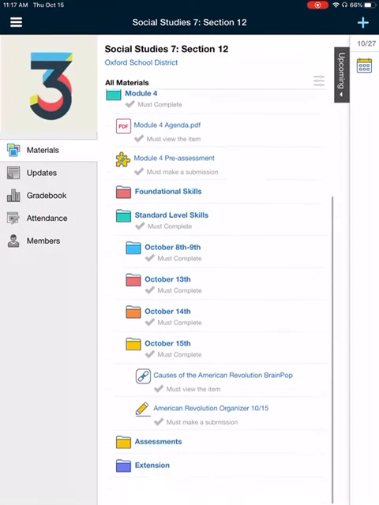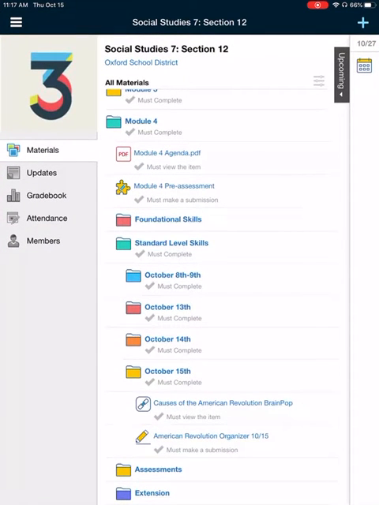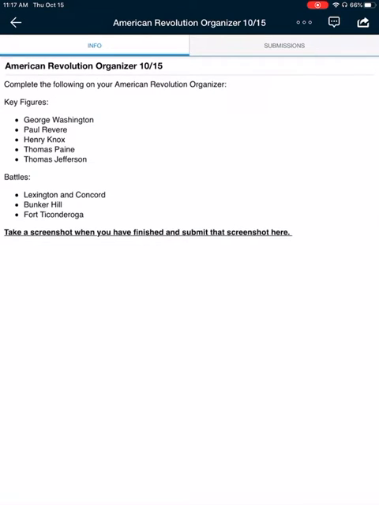In today's assignment in Schoology, I know I'm going in between a lot of different apps, but in the American Revolution Organizer 10-15 assignment, you'll see the number of key figures and battles I want you to complete before Friday's quick check, because quick check number 1 is going to include all of your key terms, these 5 key figures, and these 3 battles.